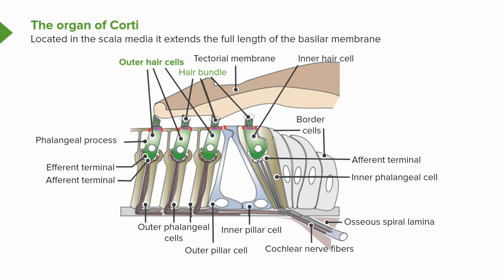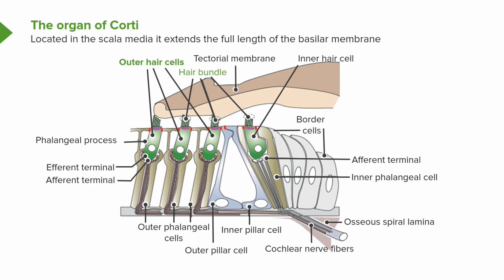There are other supportive cells there, the pillar cells. They create a tunnel between the pillar cells that support the inner hair cells and the pillar cells that support the outer hair cells. And then the hair cells themselves have both afferent and efferent terminals.